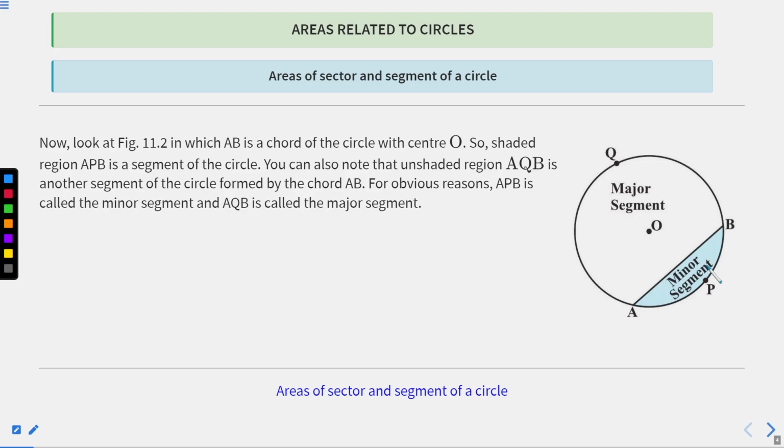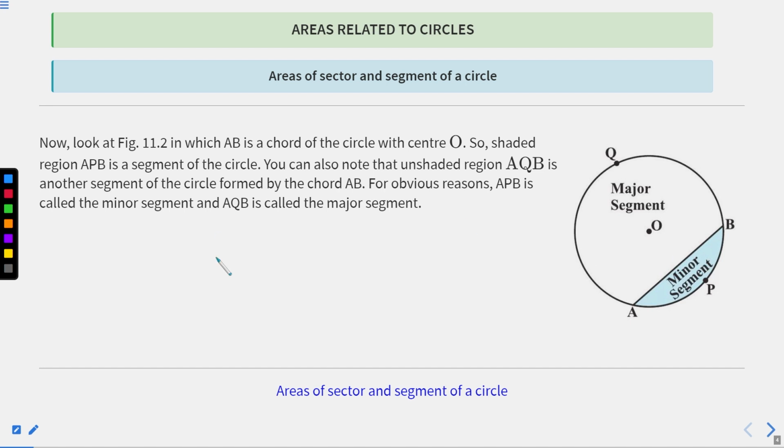Similar to the sector of the circle, there are two types of segment of the circle. One is the minor segment and the other is the major segment.